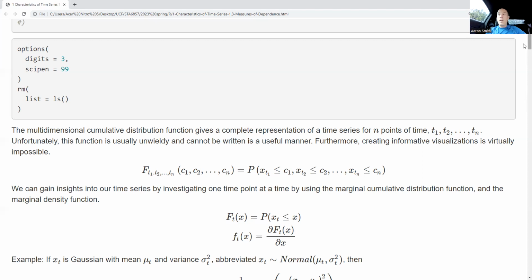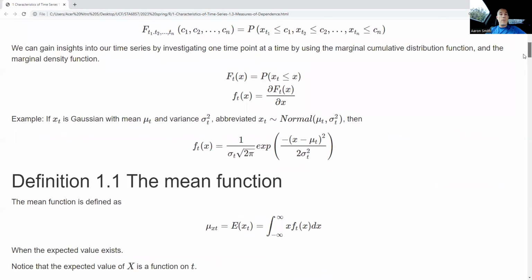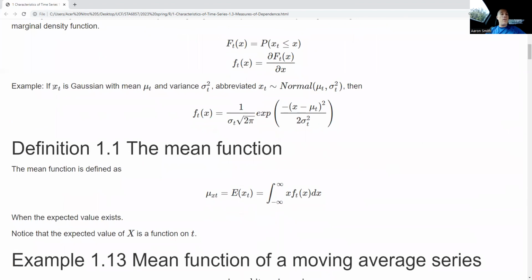All right, so let's take a look at an example. Let's say that each moment of time along my time series is Gaussian with mean mu sub t and variance sigma squared sub t. Something about this is that it's considered a constant with respect to time.